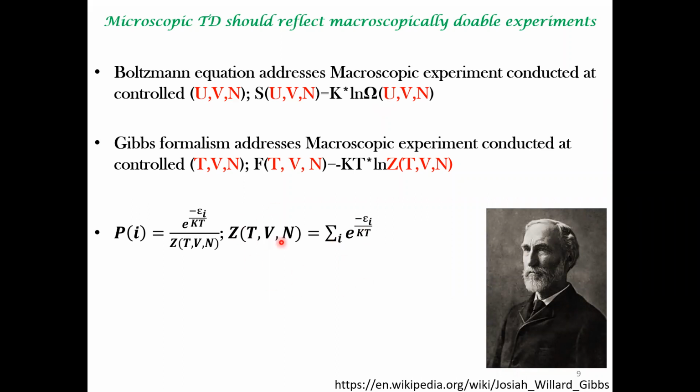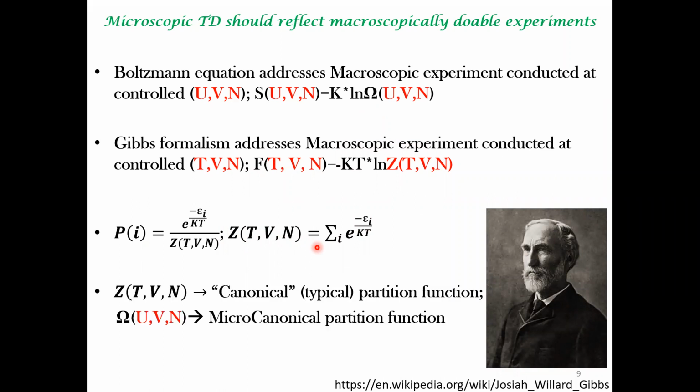I won't hold you responsible for understanding this particular point, but I'm just trying to give you a flavor of what we do in microscopic thermodynamics. This is a surrogate for the section in your textbook which talks about what entropy is. It tries to address it, but I was not satisfied. I wanted to present it in the way which I feel more comfortable.